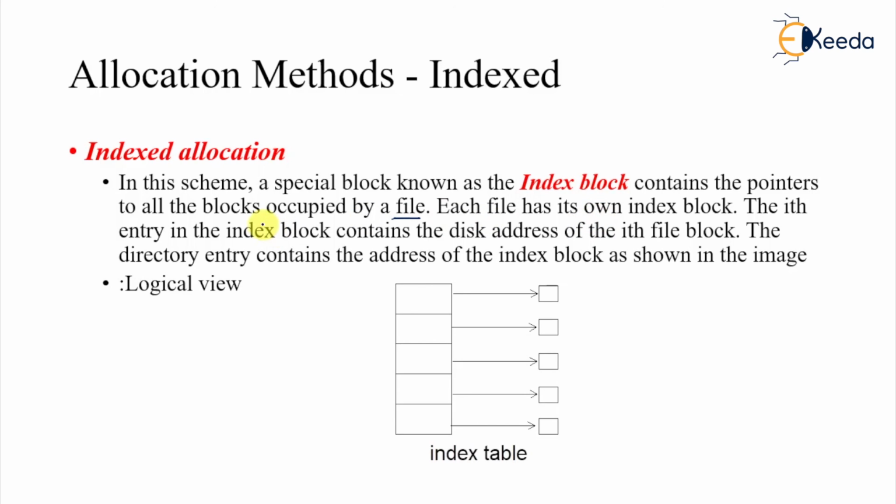The ith entry of the index block contains the disk address of the ith file block, and the directory entry contains the address of the index block, as shown in the image. So this is the index, containing the block address for block number 0 of the file, 1 of the file, 2 of the file.